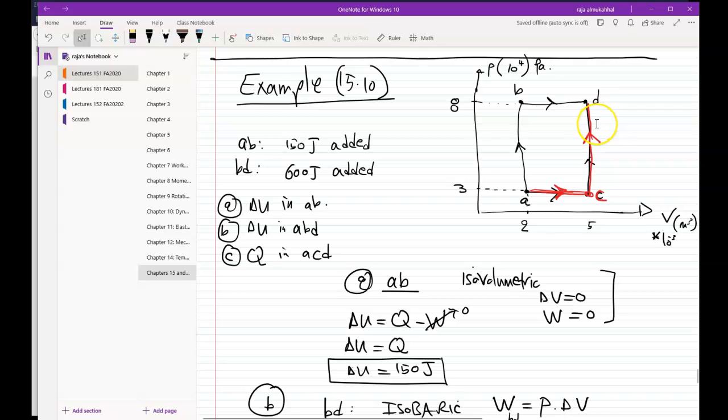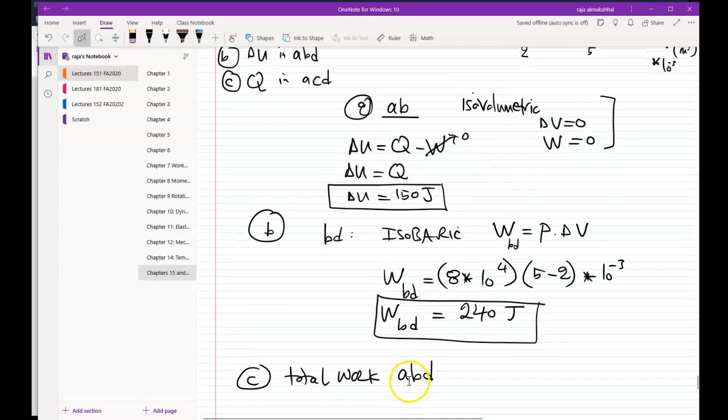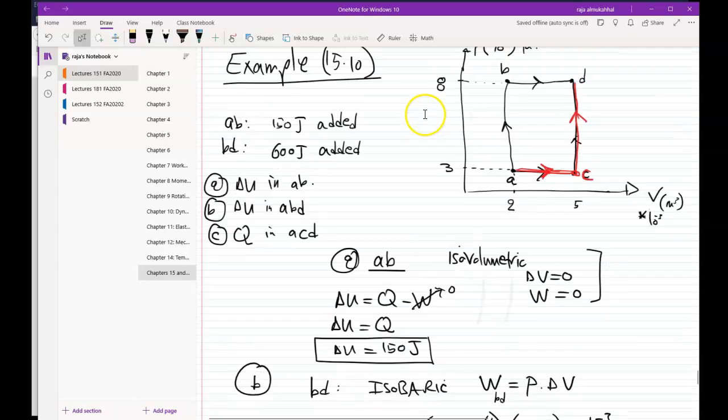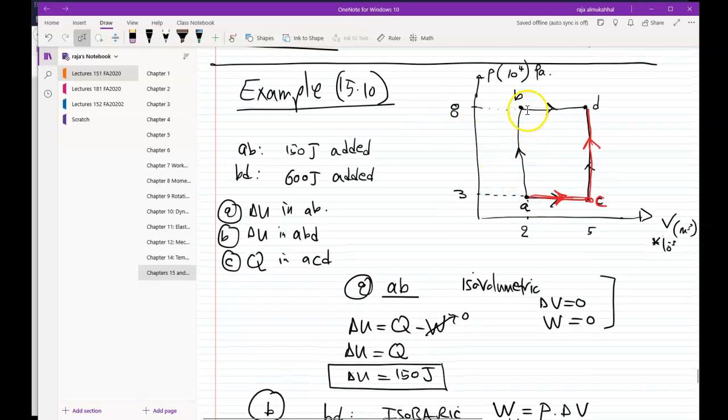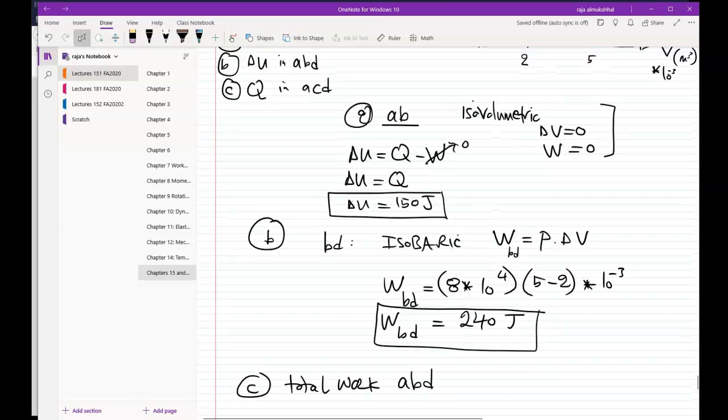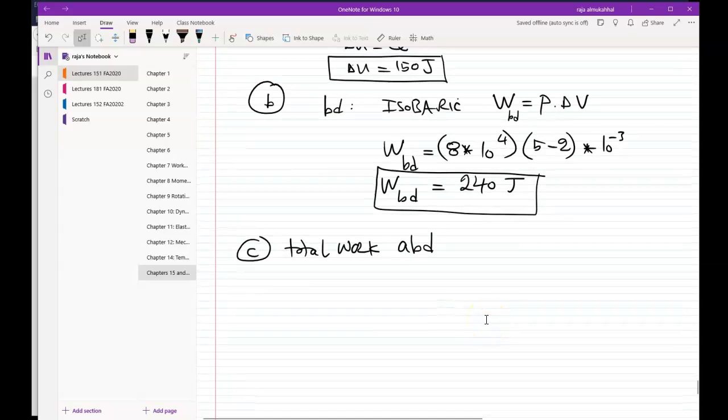However, we already have the numbers. We already calculated the work BD right here, and we said that the work is 0 for AB, remember? The work for AB is 0 because it's isovolumetric, and from B to D I already calculated it, and it is equal to 240. So the work ABD is basically the sum of those two.